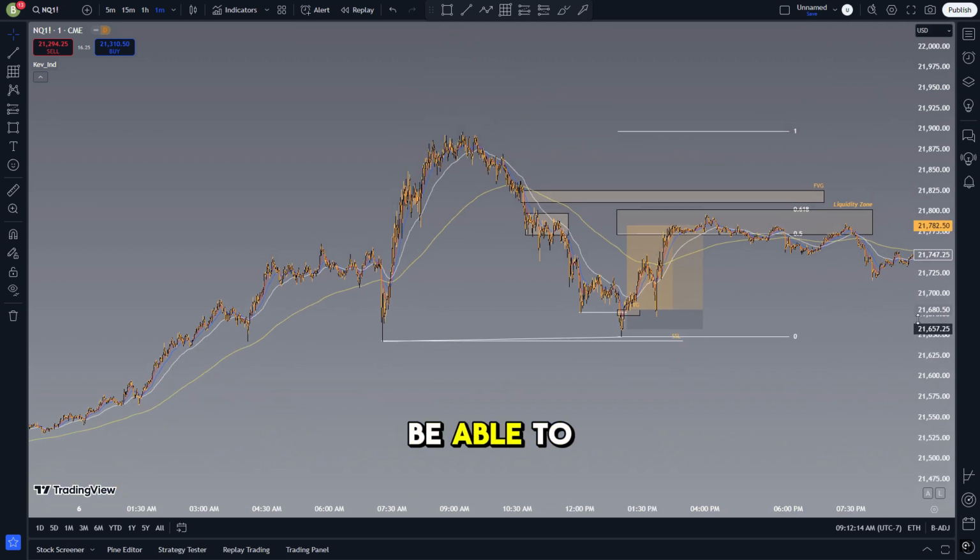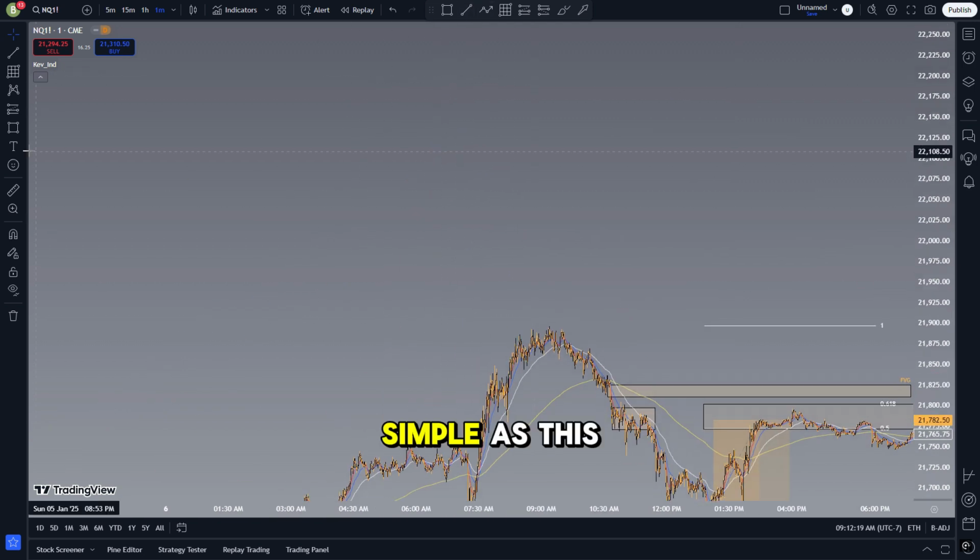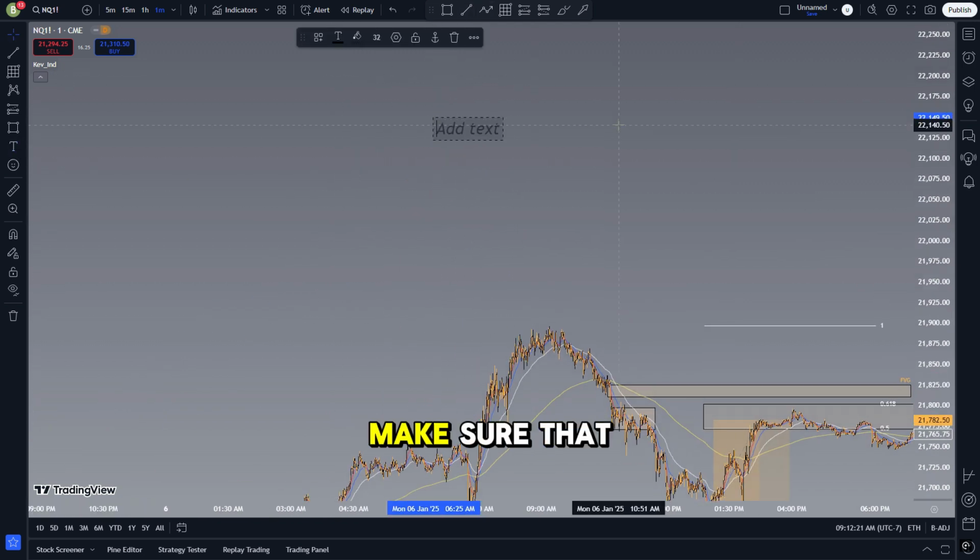You have to be able to make sure that you're stacking your confluences. Simple as this. You need to make sure that when you're taking a trade, we have swept a form of liquidity.